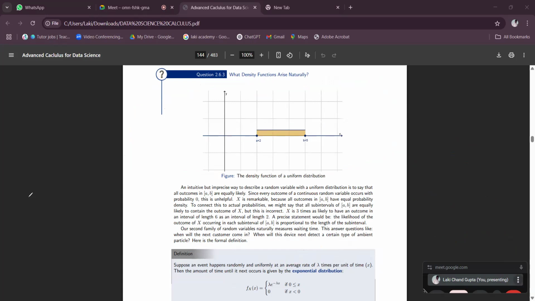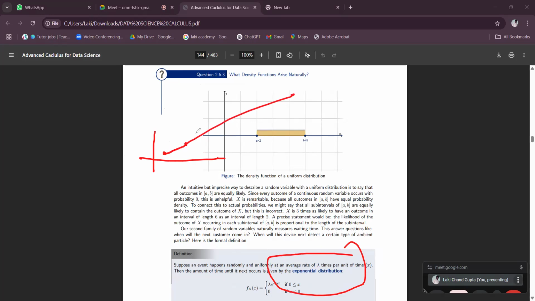When anything happens suddenly or accidentally, we use exponential distribution. Suppose one thing was going very smoothly, and one day it suddenly increases in this way. This graph represents an exponential graph, because an exponential graph looks like this.